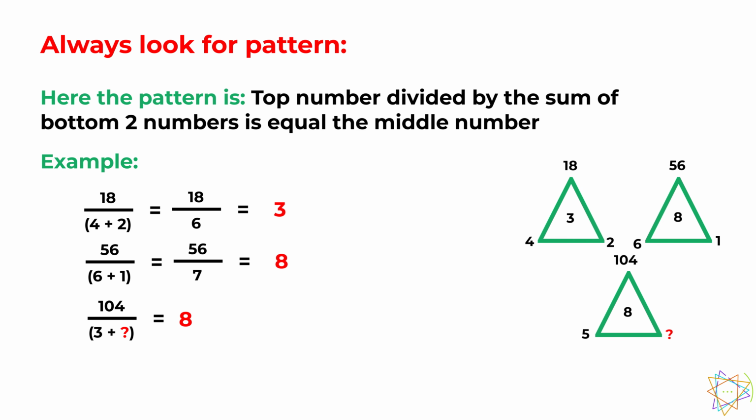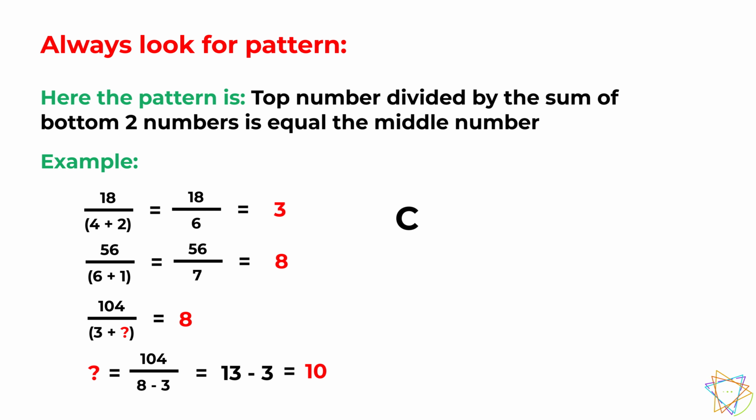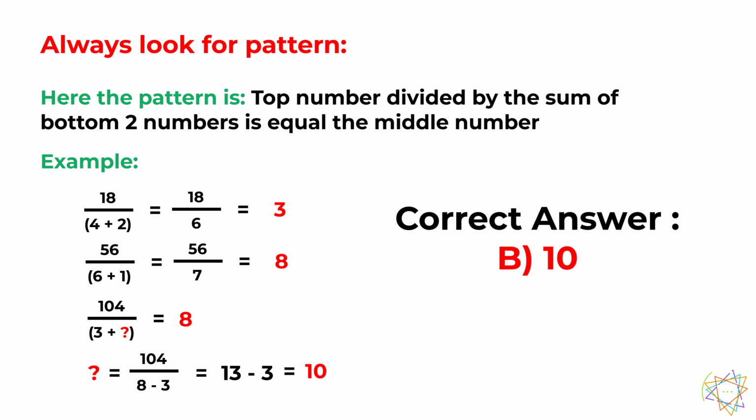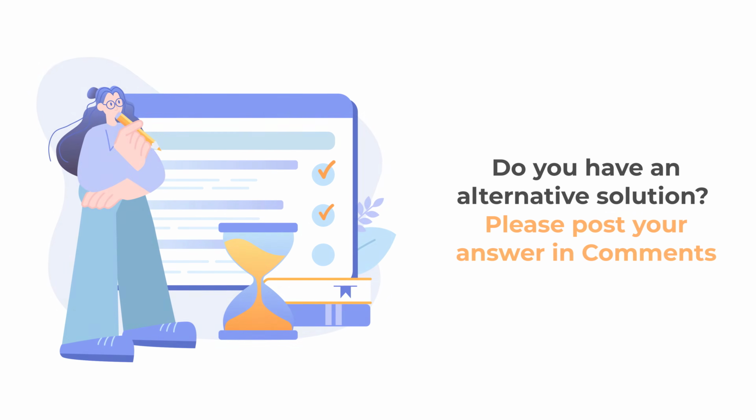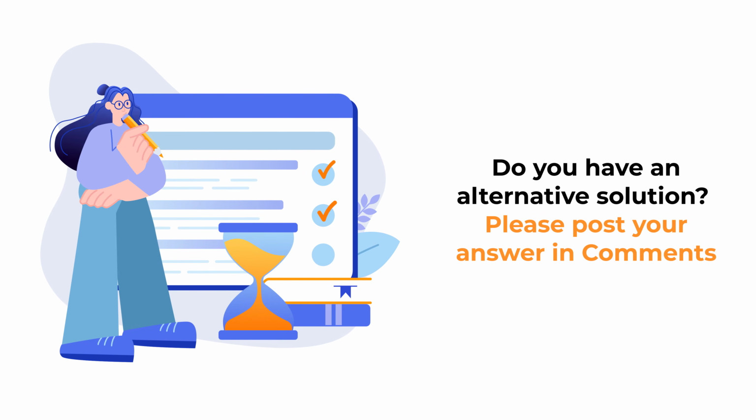Which means that the question mark would be equal to 104 divided by 8 minus 3, which would be equivalent to 13 minus 3, which would equal 10. So the question mark equals 10, and the correct answer is choice B, 10. Hopefully you've nailed this question and now know how to answer similar problems on the test.